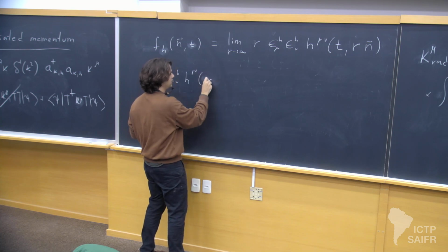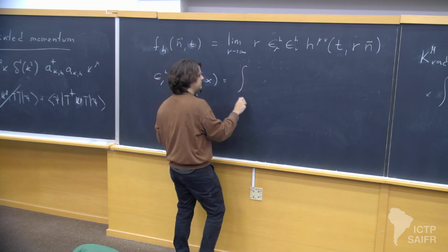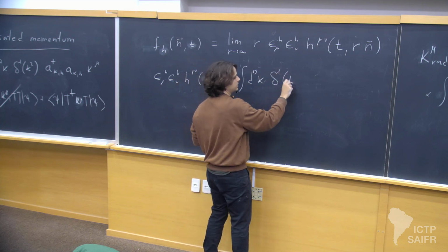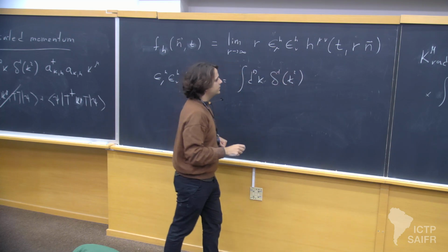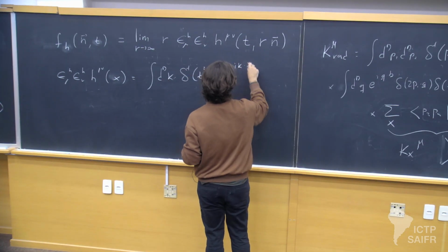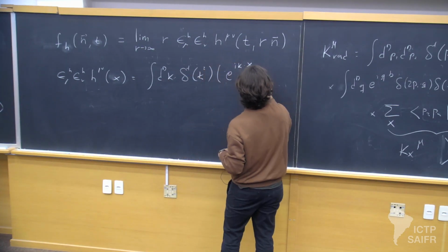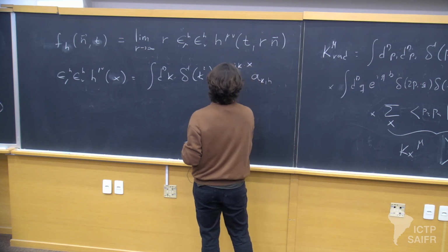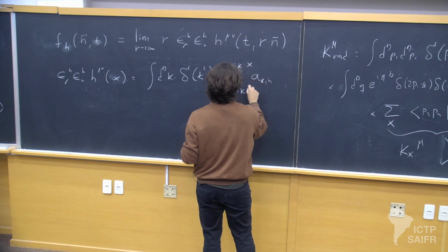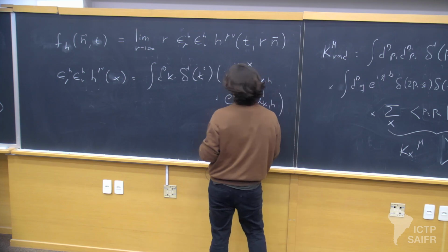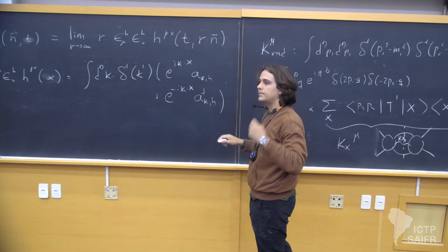Let me just write x. So this will be simply the integral over on-shell particles, and then e to the i k dot x, annihilation operator with momentum k and helicity h, plus e to the minus i k dot x, a dagger h. Okay.